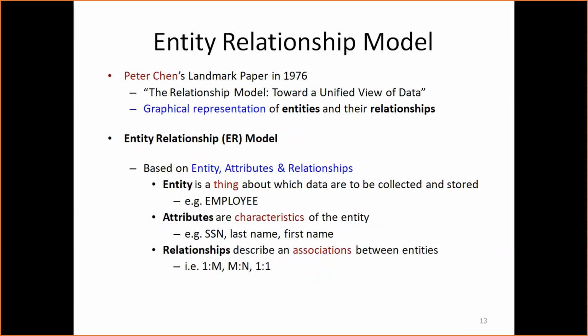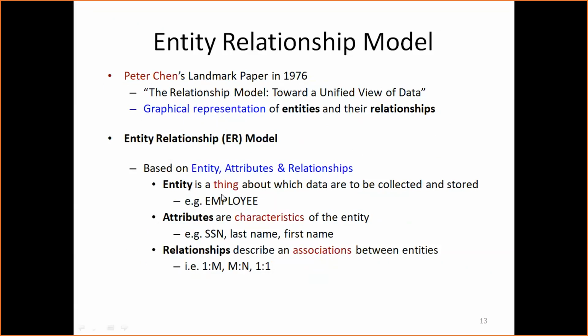Okay, so let's say you are having a database design, and the entity relationship model gives a way to model and document the entities you have in your database. The ER model will have an entity.